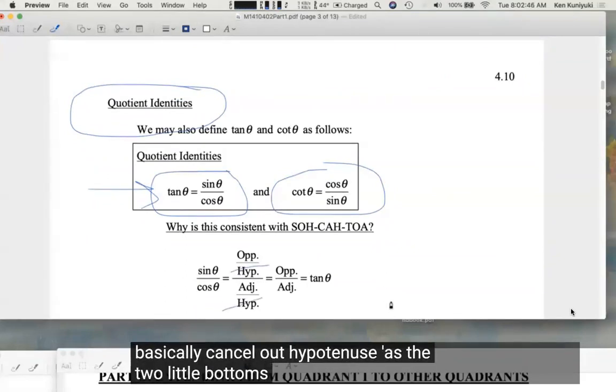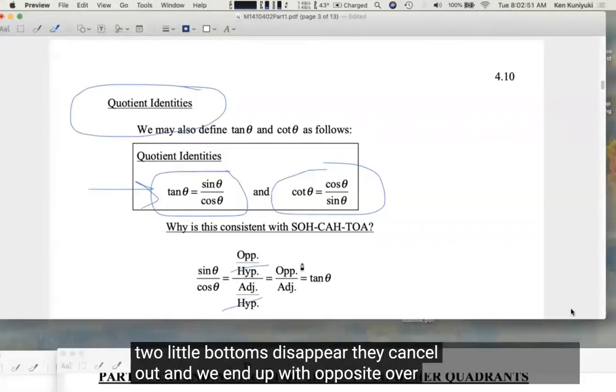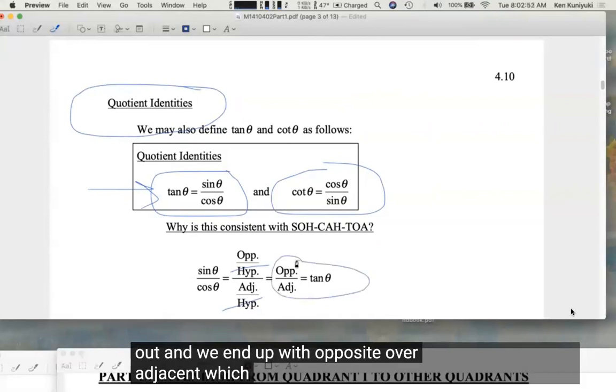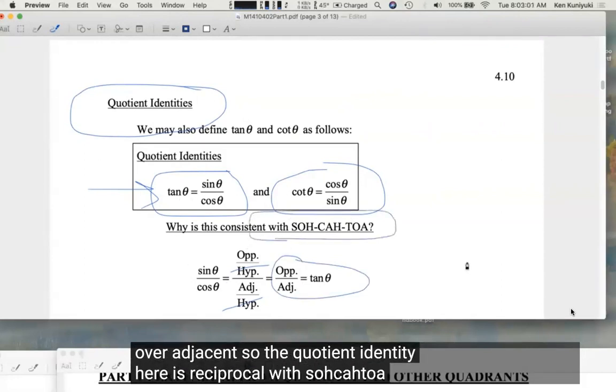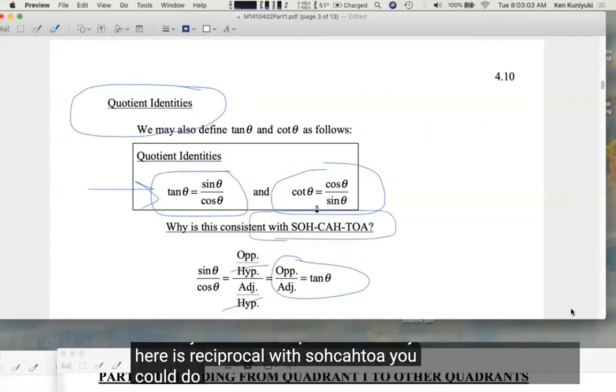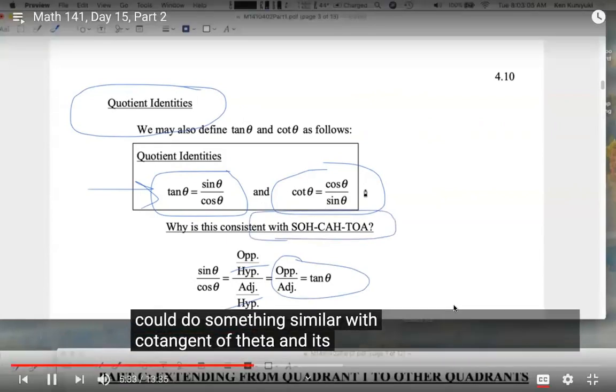The 2 little bottoms disappear. They cancel out. And we end up with opposite over adjacent, which is tangent of theta. That's TOA. Tangent of theta is opposite over adjacent. So the quotient identity here is consistent with SOHCAHTOA. You can do something similar with cotangent of theta and its identity.